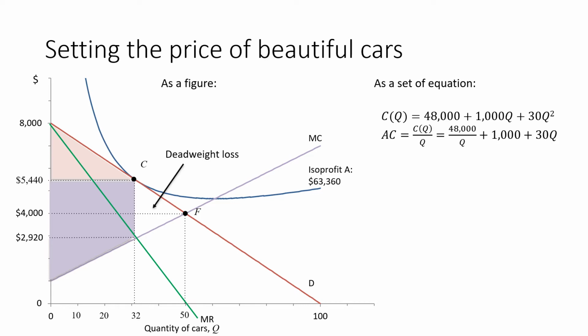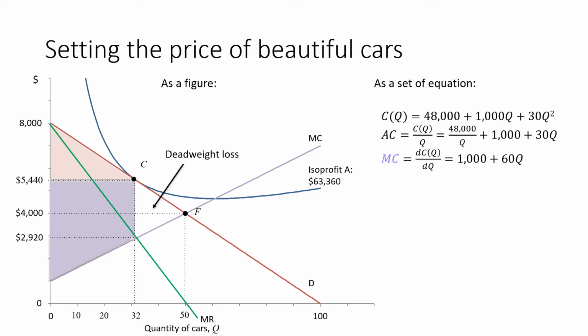As a set of equations, total cost is 48,000 plus 1,000Q plus 30Q squared. In order to find the average cost, we divide the total cost by Q. The right-hand side, 48,000 divided by Q plus 1,000 plus 30Q, is our average cost.